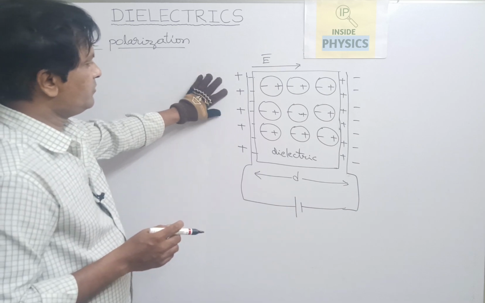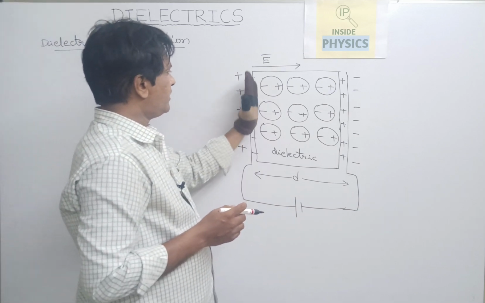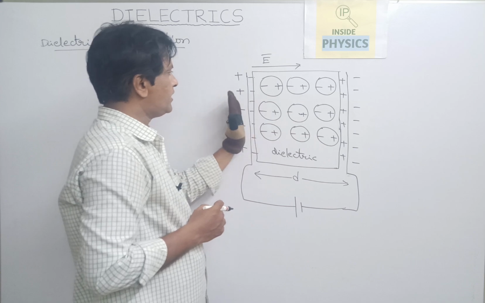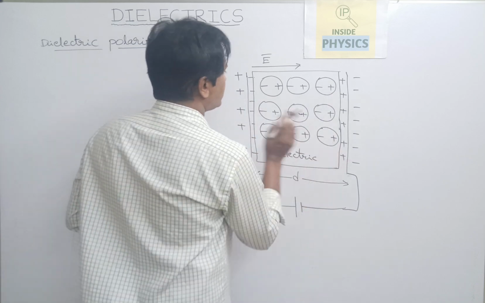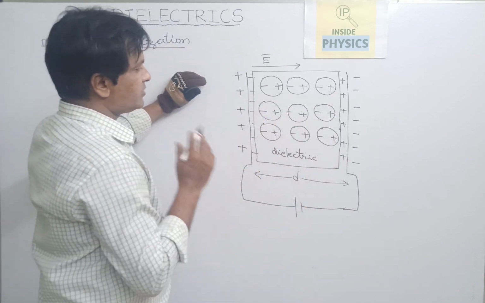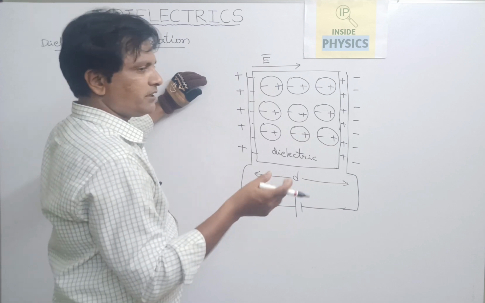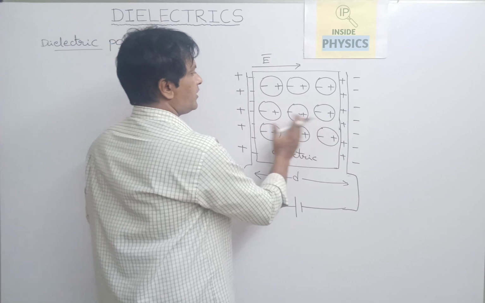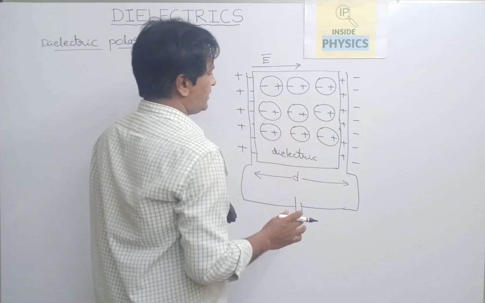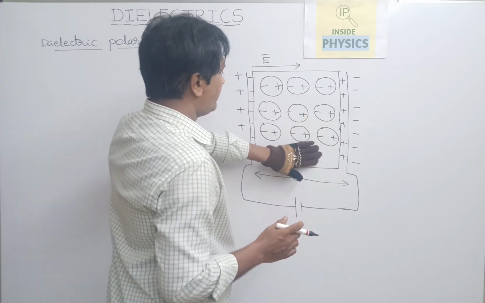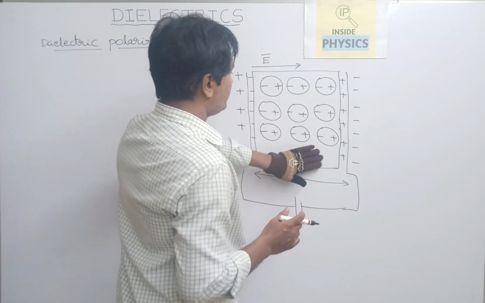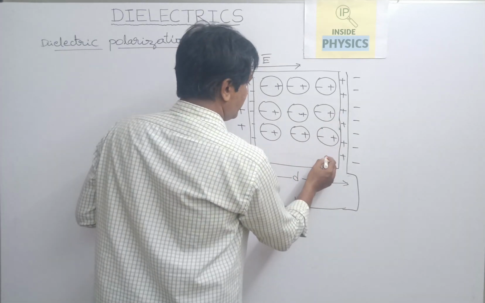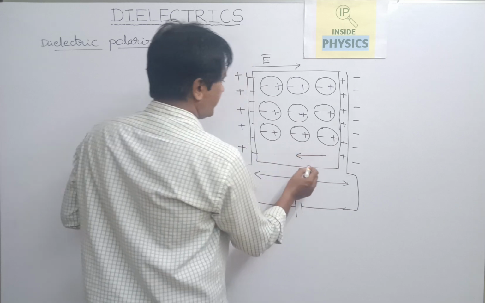So if you observe, the side of this dielectric slab near the positive plate is negatively charged and that side is positively charged. By this we can say there is an internal electric field developed because of this polarization. The internal electric field developed will be from the positive side to the negative side inside the dielectric.